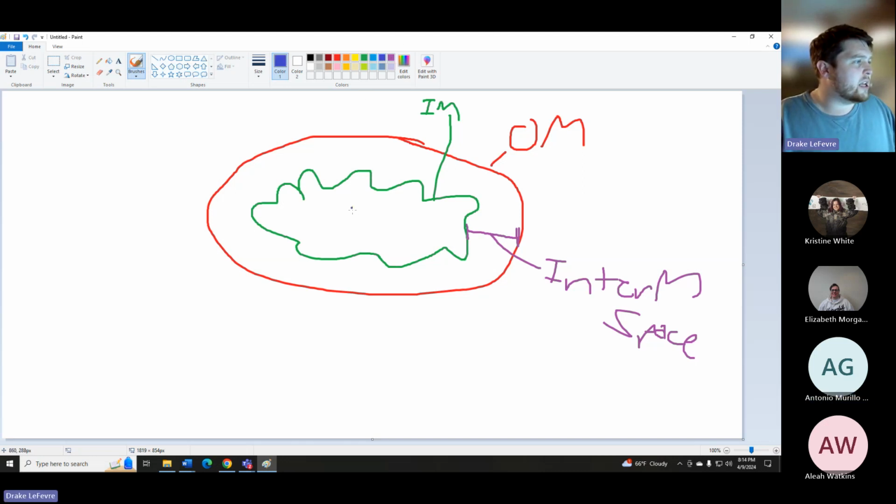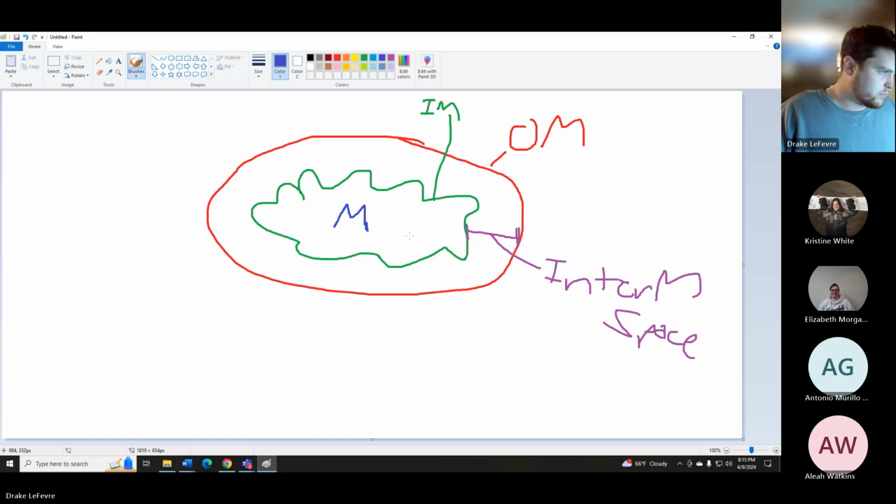Now, in the middle here, what's the middle region called? The inner membrane? Yeah, we have the outer membrane and the inner membrane. Inside of the inner membrane, this whole middle space is known as the matrix.